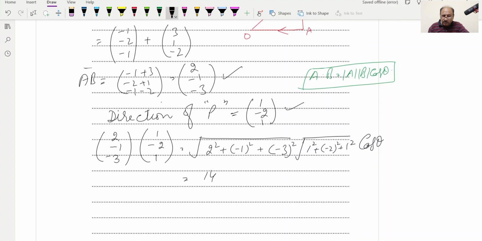So 14 under root for this one, and this will be 1 plus 4 plus 1, so 6 under root, and cos of theta.